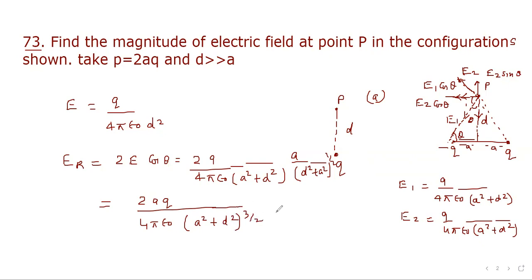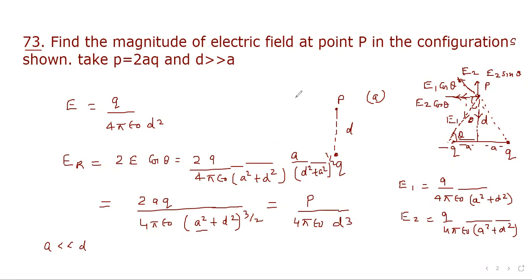Now, if we apply some approximation and put 2aQ equal to p, the approximation is a is much less than d, so we can neglect it. So p divided by 4 pi epsilon naught d cube.